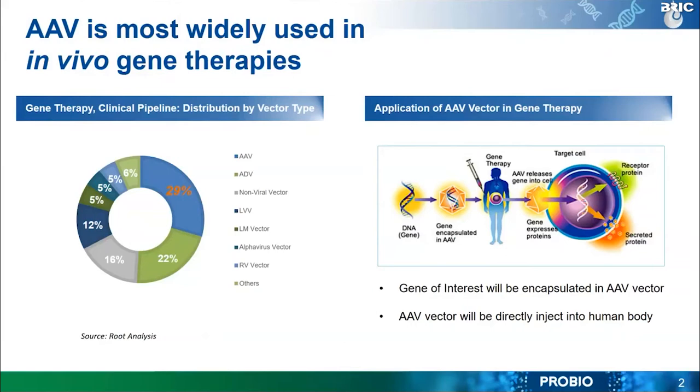According to clinical trial data, AAV is the most investigated delivery vector, as it is not known to be associated with any human pathology. For gene therapy, AAV containing the gene of interest is directly injected into the patient, and multiple copies of the protein are produced by the patient's cell.